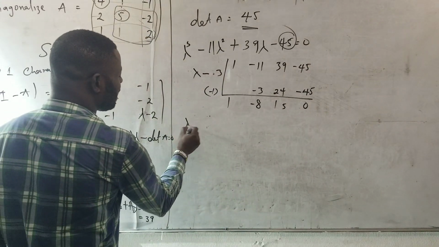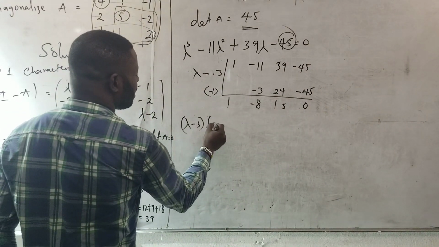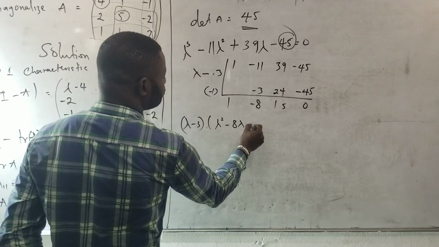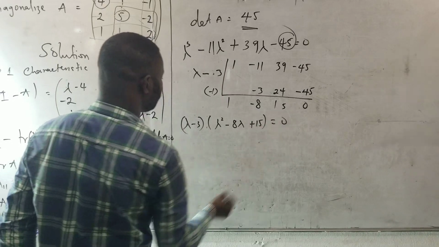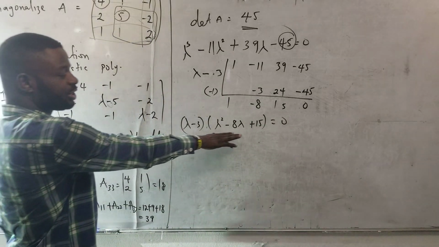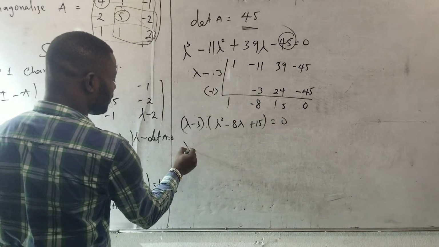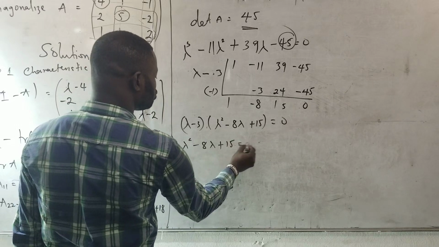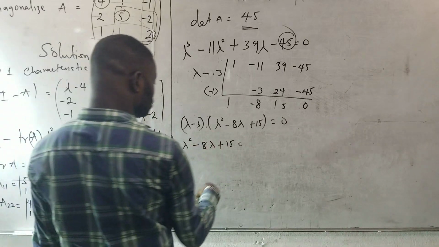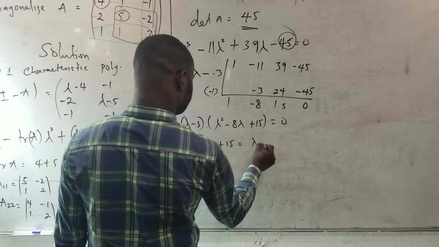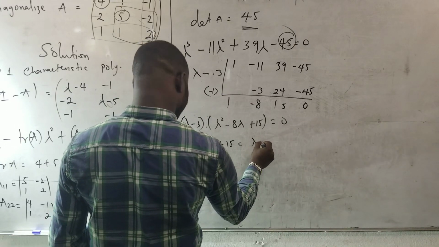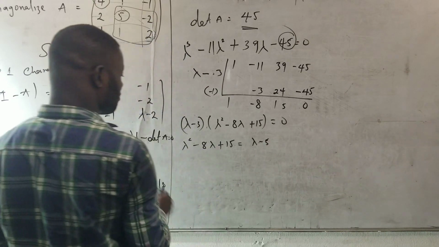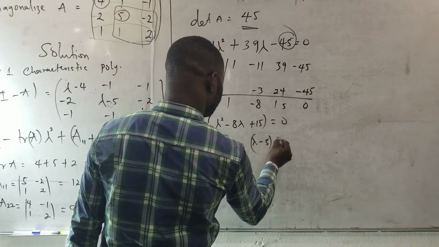It means I'm talking about lambda minus 3 and lambda squared minus 8 lambda plus 15, which is equal to 0. At this junction, if I factor this with the knowledge, I think I'll be having lambda squared minus 8 lambda plus 15, which will be lambda minus 5 and lambda minus 3.